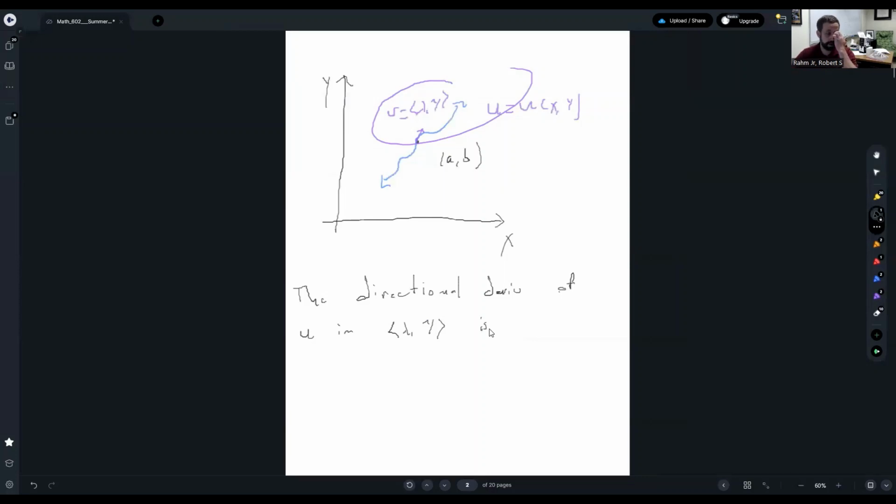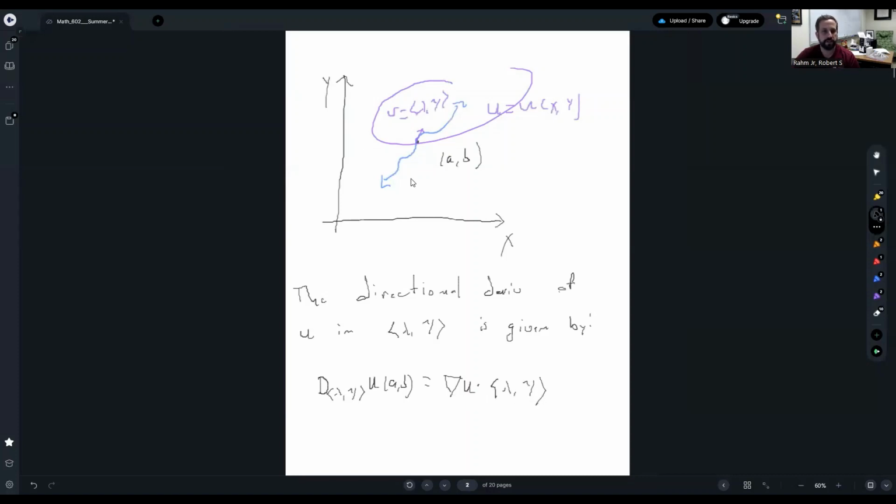And here we're assuming that lambda gamma is a unit vector. So here's the notation. This is the directional derivative in the direction of lambda gamma of the function u evaluated at the point (a, b). This is just going to be equal to the gradient of u dotted with the vector lambda gamma.